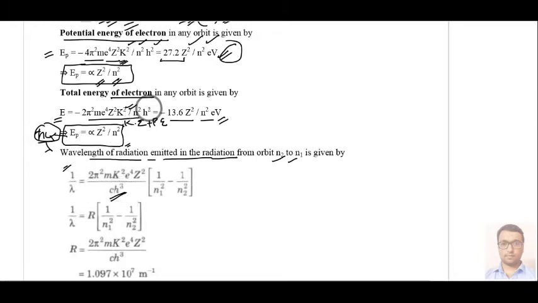And because already we have h square over here, we can write that 1 by wavelength equal to 2 pi square m k square e raised to the power 4 Z square upon hc cube. And we have to take the difference also, and here we have the term n square. So for that we will write n1 square minus n2 square.